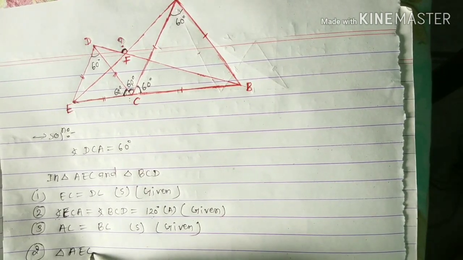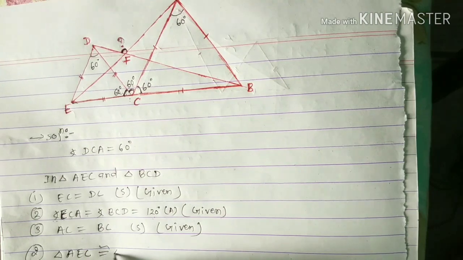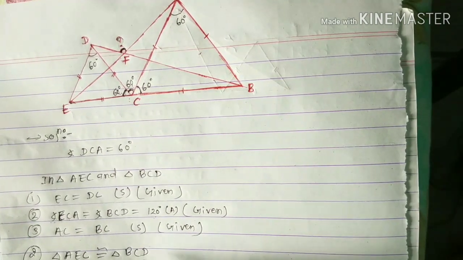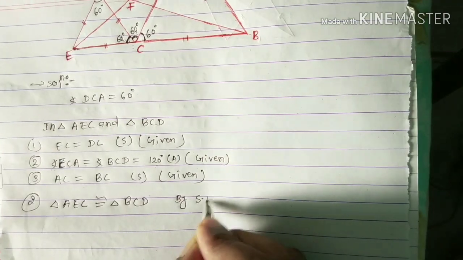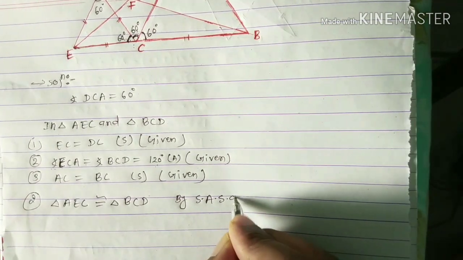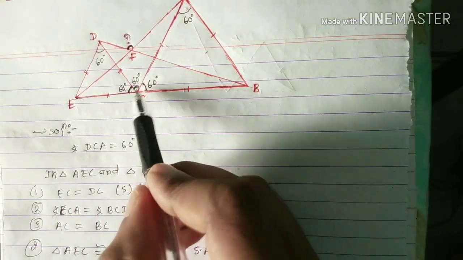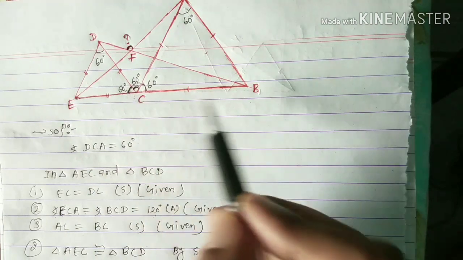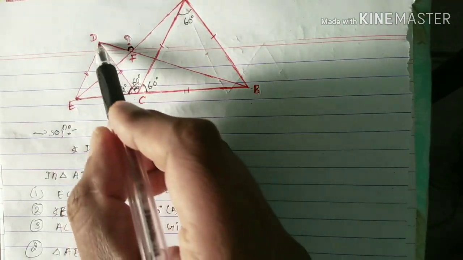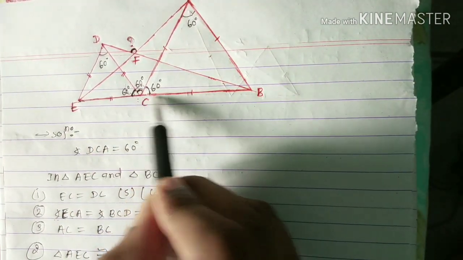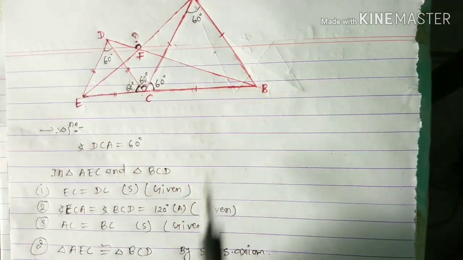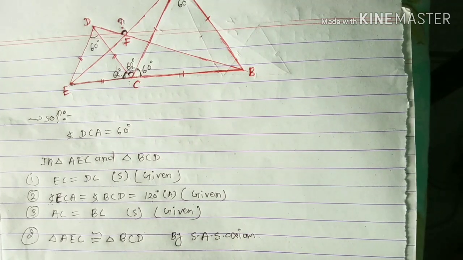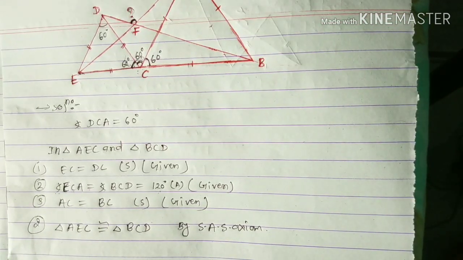Triangle AEC is congruent with triangle BCD. Reason: by the side angle side axiom.